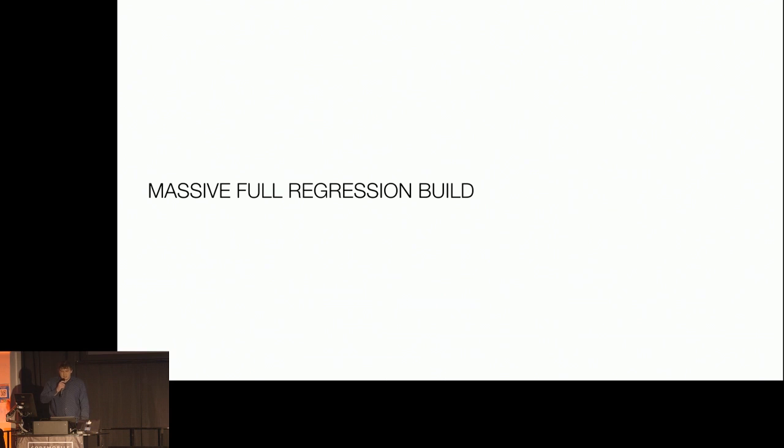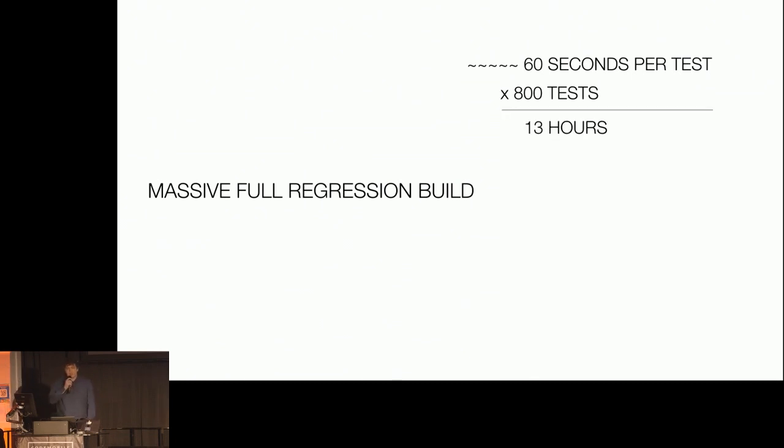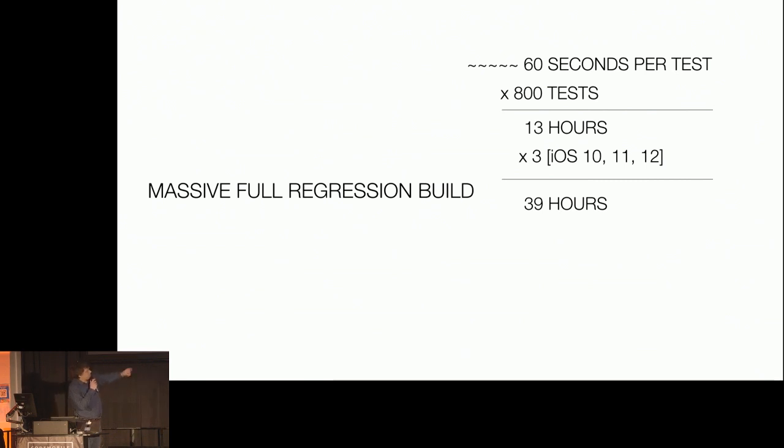It's quite massive, right? Because if you multiply 800 tests by 60 seconds, the time each test takes on average, you get 13 hours. And we run them 3 times, actually. We run them against 3 iOS versions: iOS 10, 11, and 12.